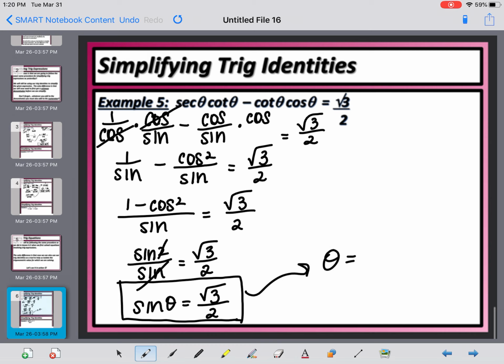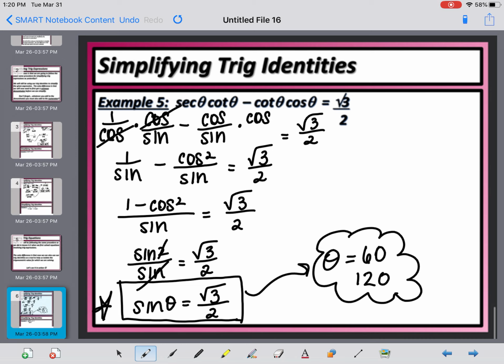So I see root 3 over 2 in the top, 60 degrees, and I also see a root 3 over 2 in the bottom, 120. So 60 and 120 are the final answers for this problem, but I'd also be looking at your simplified expression here and the identities that it took to get to that.